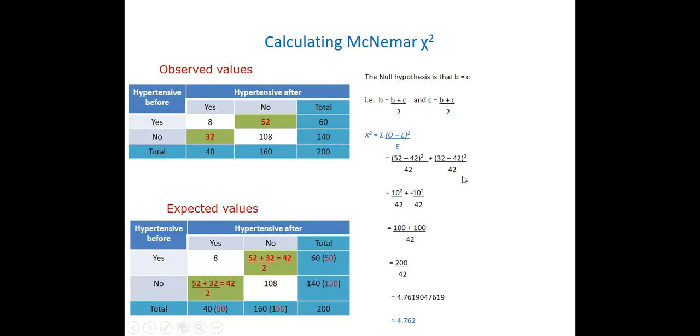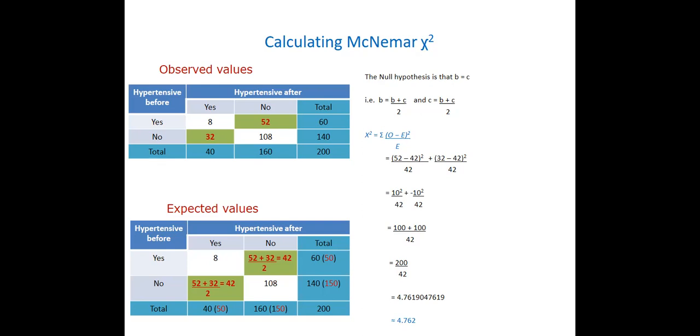Of course, if you remove 42 from 52, it will give you 10. If you remove 42 from 32, it gives you minus 10. Both of them will cancel out. But because you square it, you remove that effect, whatever you get, that's your answer, 4.76.